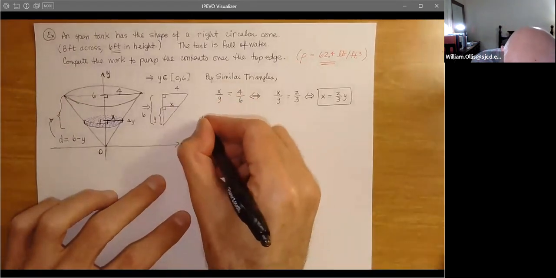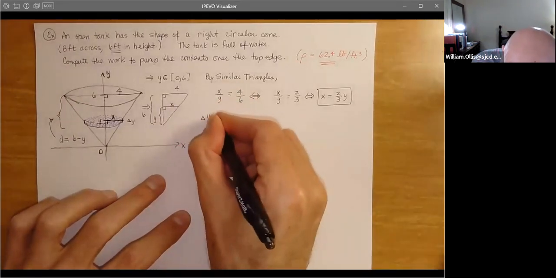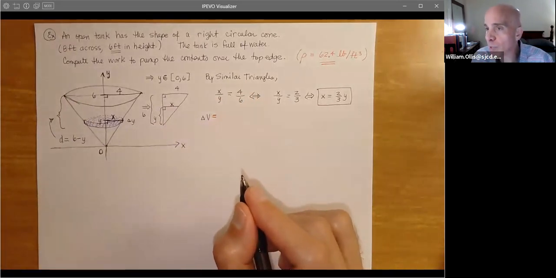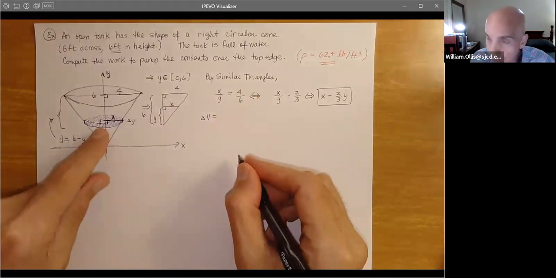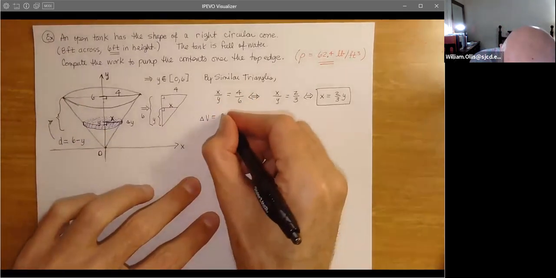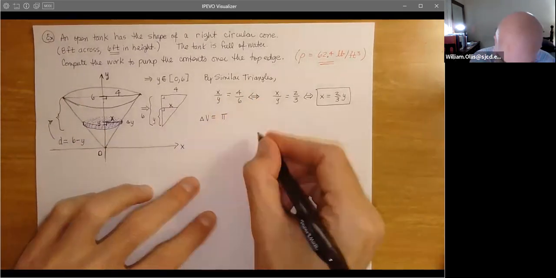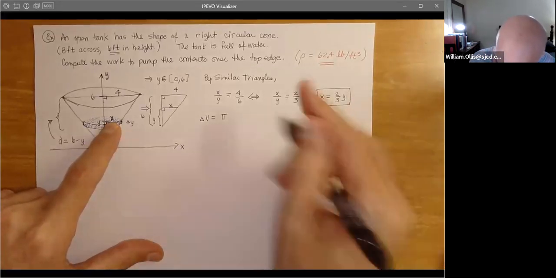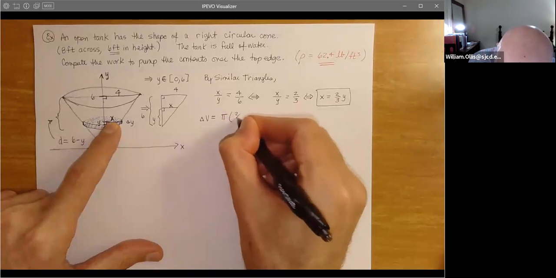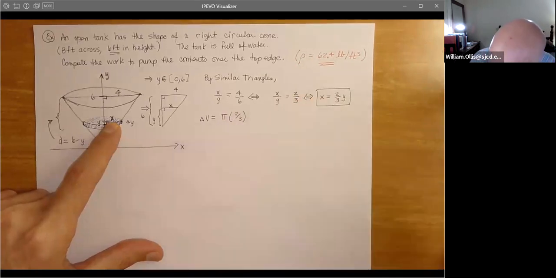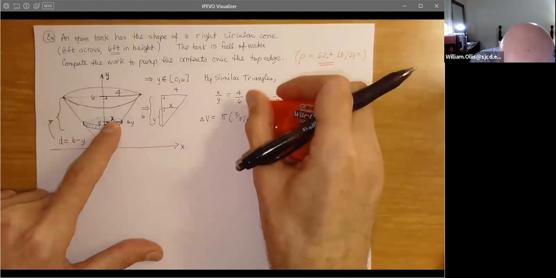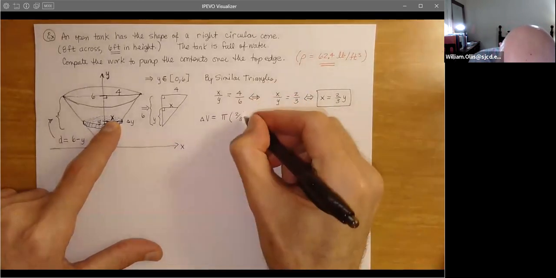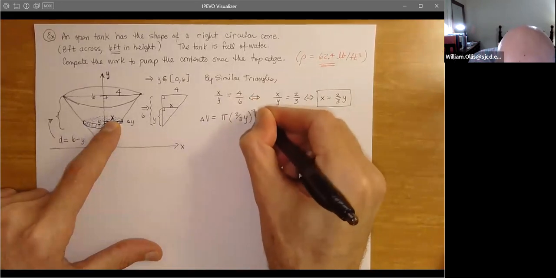So now, what about the volume of the slab? Well, just like before, we're going to have the area of the circle like we had in the cylindrical tank. So this will be pi r squared. So we have pi, and of course the radius here is X, which we have computed to be 2/3 Y, squared.